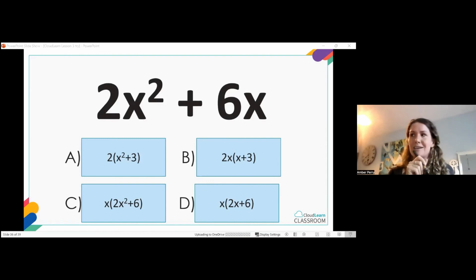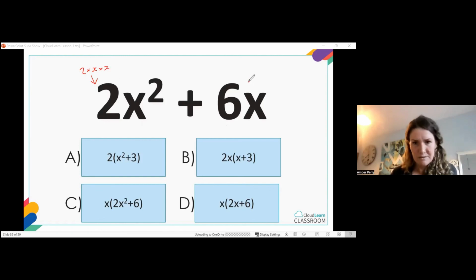All right. Okay. So 80% correct, 4 out of 5 correct there, which is really great because this is quite a tricky one. But there are 2 factors. The number 2 goes into both 2 and 6. So number 2 is a factor because we've got here, this one, we've got 2 times x times x.